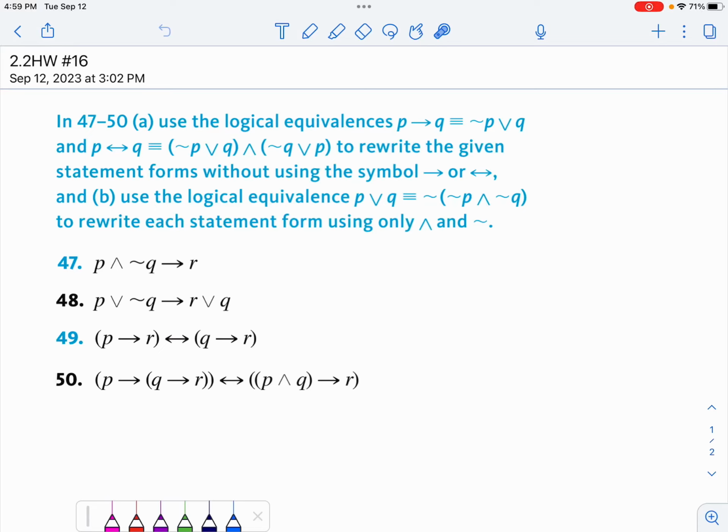Hi guys, let's take a look at homework 2.2 number 16, which corresponds to section 2.2, problem 48, okay?